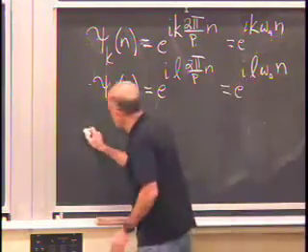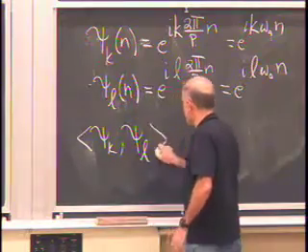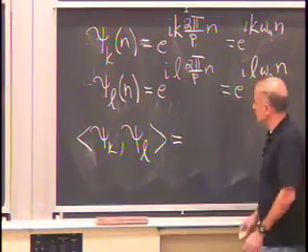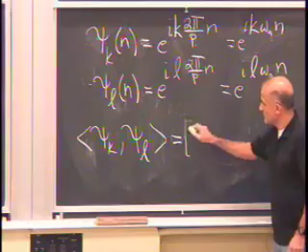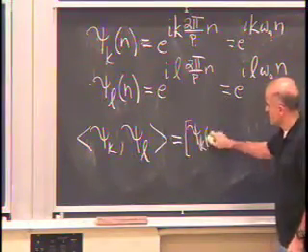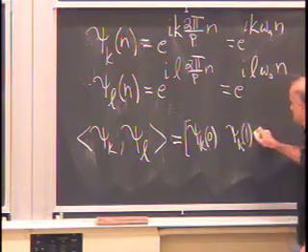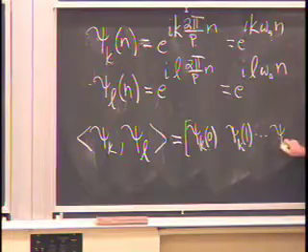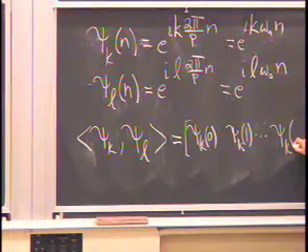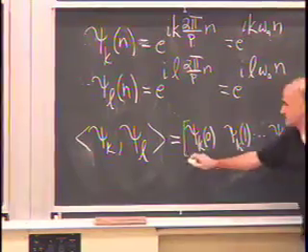So when I look at phi k inner product with phi l, I'm looking at phi k 0, phi k 1, all the way to phi k P minus 1.